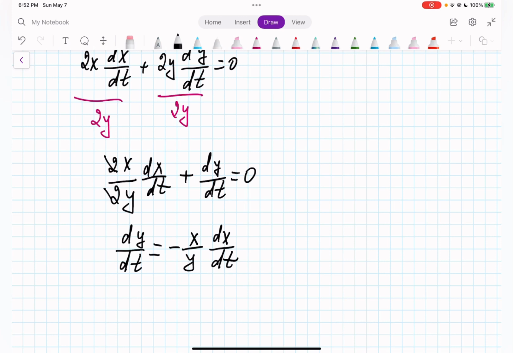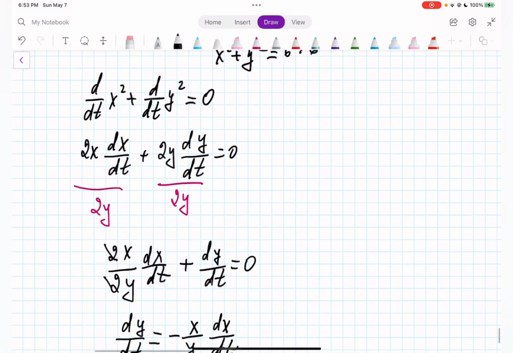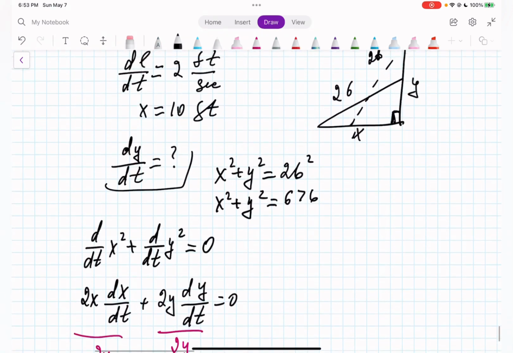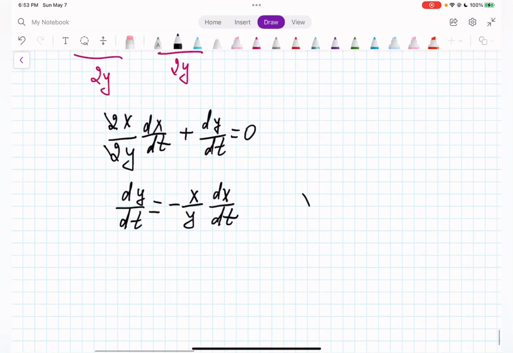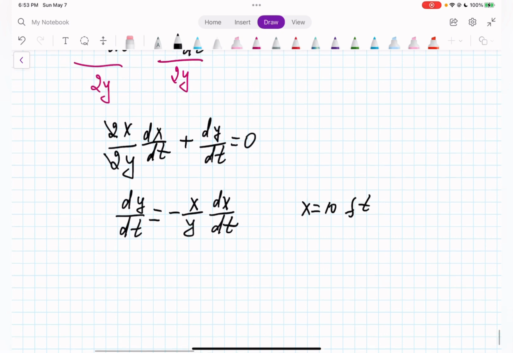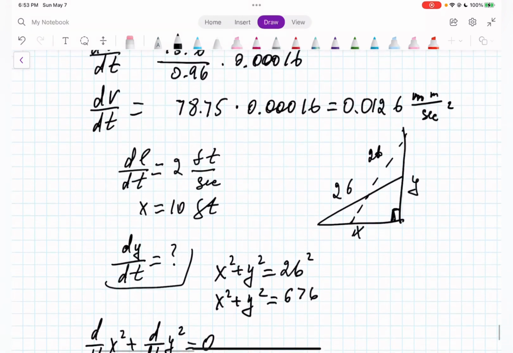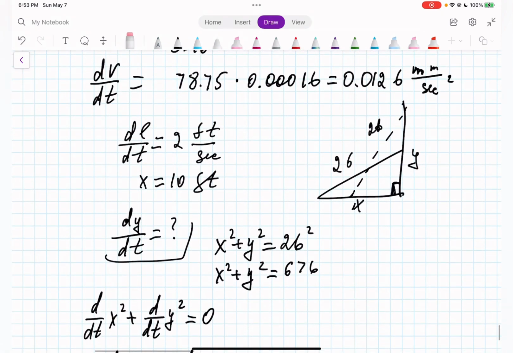All right, so where are we going from here? We are going to plug in the values. Our x was how much? 10 feet, right? So x is equal to 10 feet. For the rate of change, instead of L I will put dx, because the ladder is moving away from the wall.